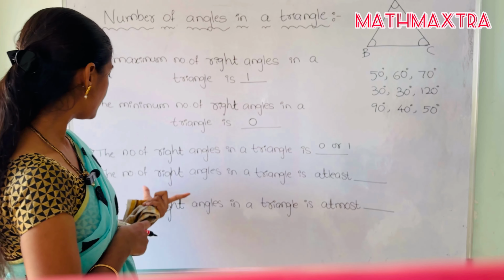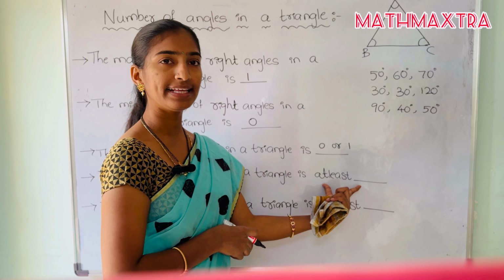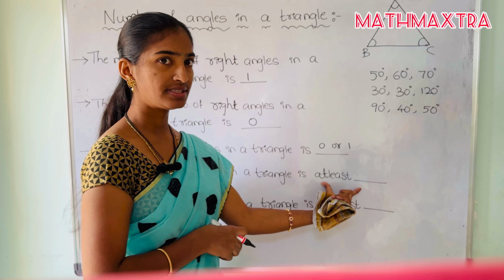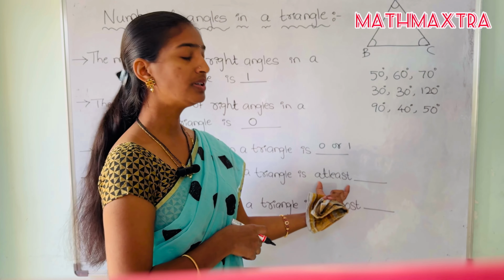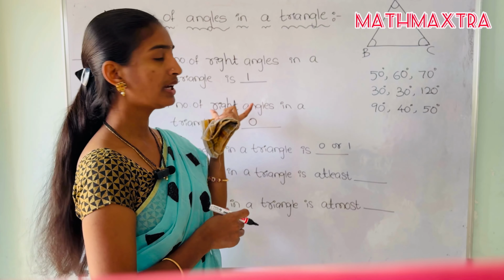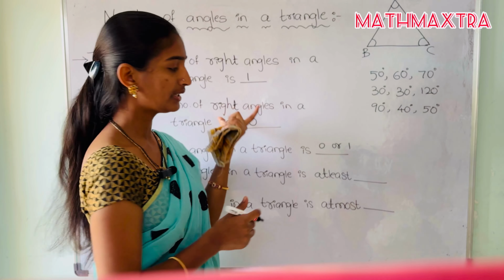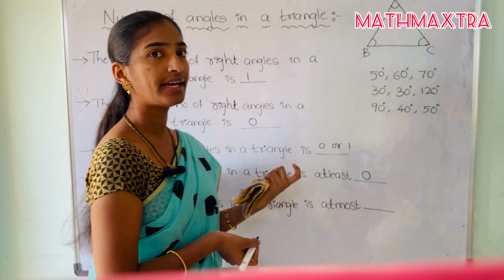Okay. So the next one, "the number of right angles in a triangle is at least". I have told you the difference when the word "at least" is given in the question. You have to think of the minimum value. That is why, how many right angles are possible?